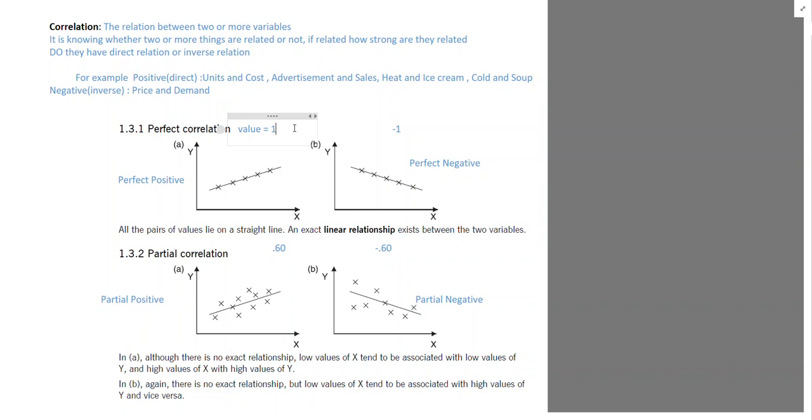A perfect relation means that the change is 100% dependent on the independent variable. For example, if I say the correlation between price and demand is 1, then it means that 100% of the change in demand happens because of the change in price.